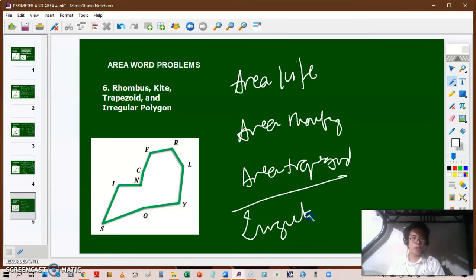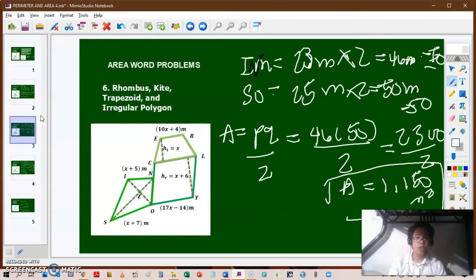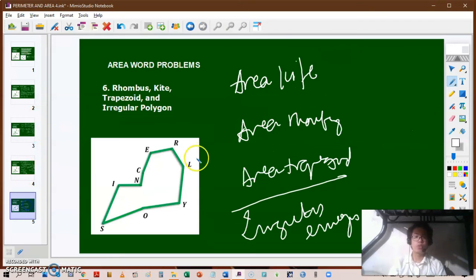So what's the area of the kite, guys? We've already solved for that. The area of the kite is 1,150 meters squared. And now the area of the rhombus.